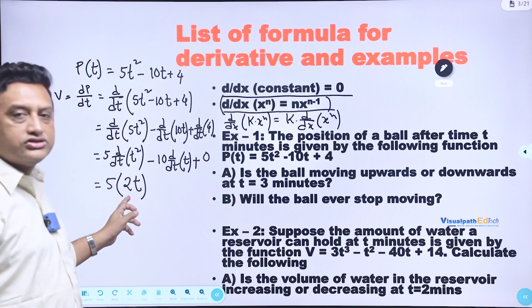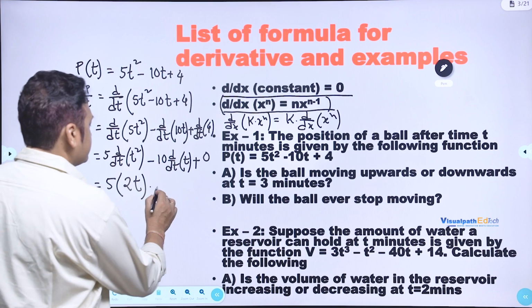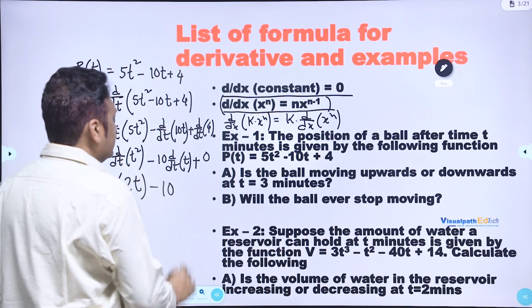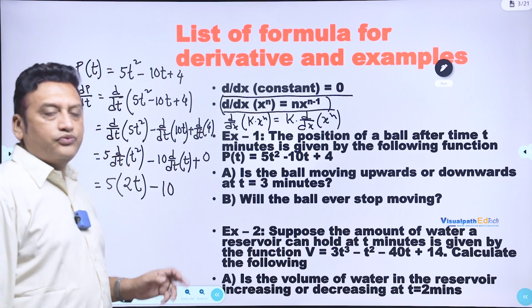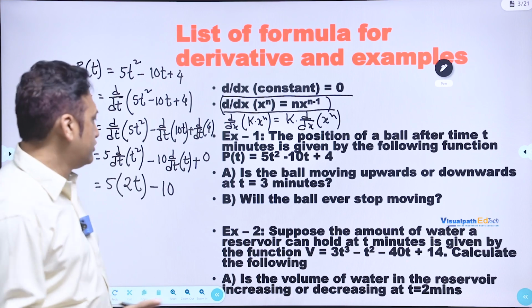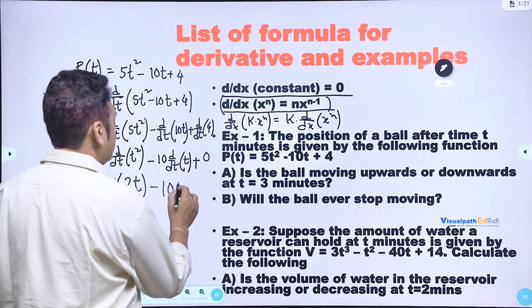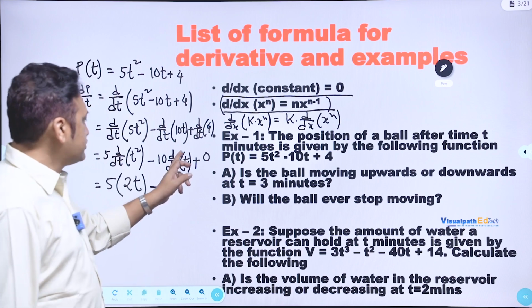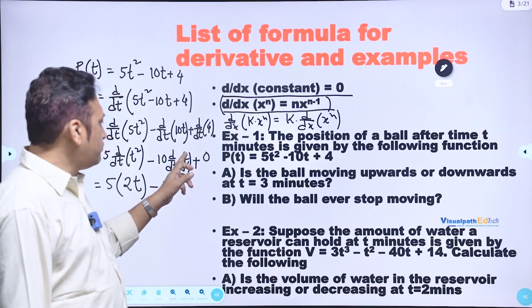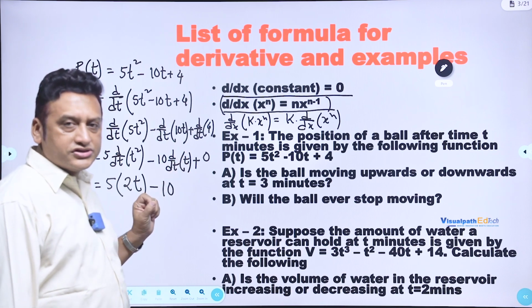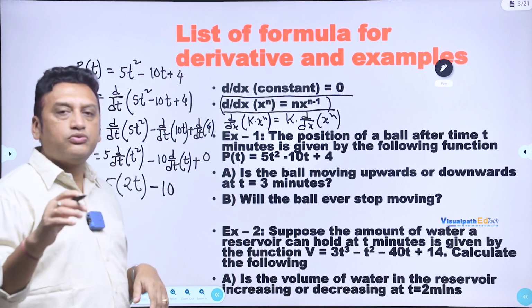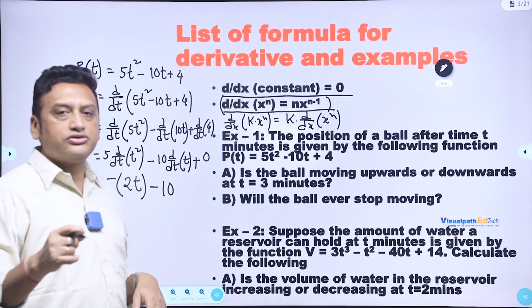In other words, it is 2t minus again 10 into d/dt of t, which will be equal to 1. Okay. d/dt of t, how is it 1? Because the power is 1, t to the power 1, 1 is going to come to the coefficient, and then we will write t to the power 1 minus 1, which will make it t to the power 0.